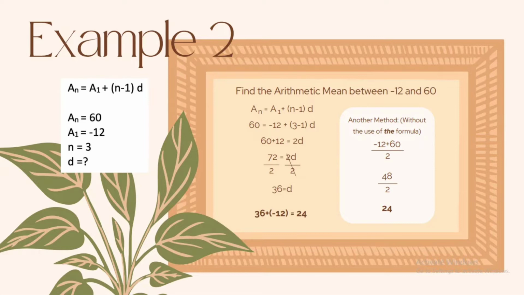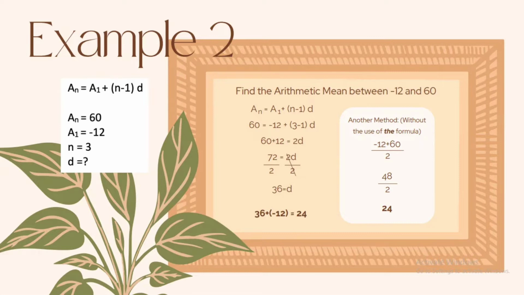So substituting that, we finally have 60 is equal to negative 12 plus the quantity of 3 minus 1 times d. You are to simplify the values inside the parentheses and transpose 12. So that's 60 plus 12 is equal to 2d. You're going to add 60 and 12 to simplify them. That's 72.